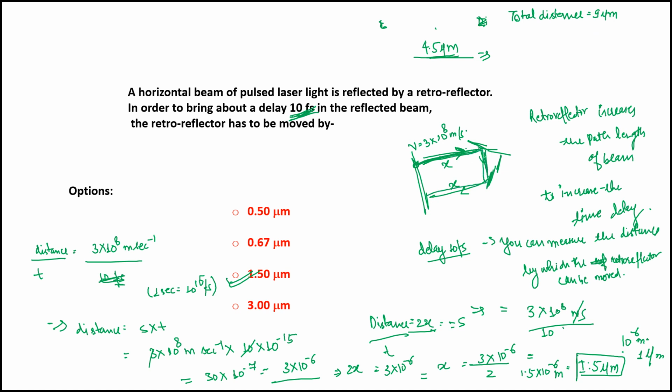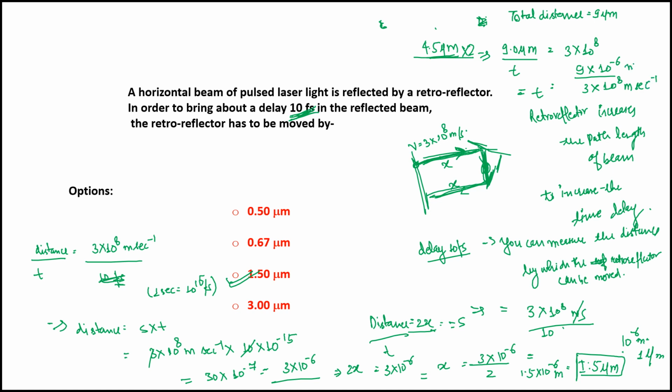For the calculation purposes, we have omitted this particular value. So 4.5 into 2 you will do. So it will come to be 9.0 micrometer. Distance upon time is equal to speed, 3 into 10 to the power 8. Thus, to find time, you will do 9 into 10 to the power minus 6 whole upon 3 into 10 to the power 8. This is meter second inverse.